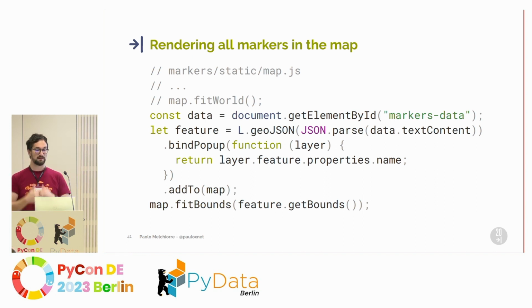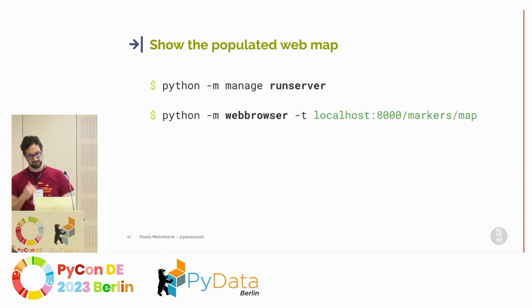Finally, we add the layer in our map by setting the view to contain all the data, so all the points in the map. We can finally start again our project with the runserver command and see our markers in our map at this URL.